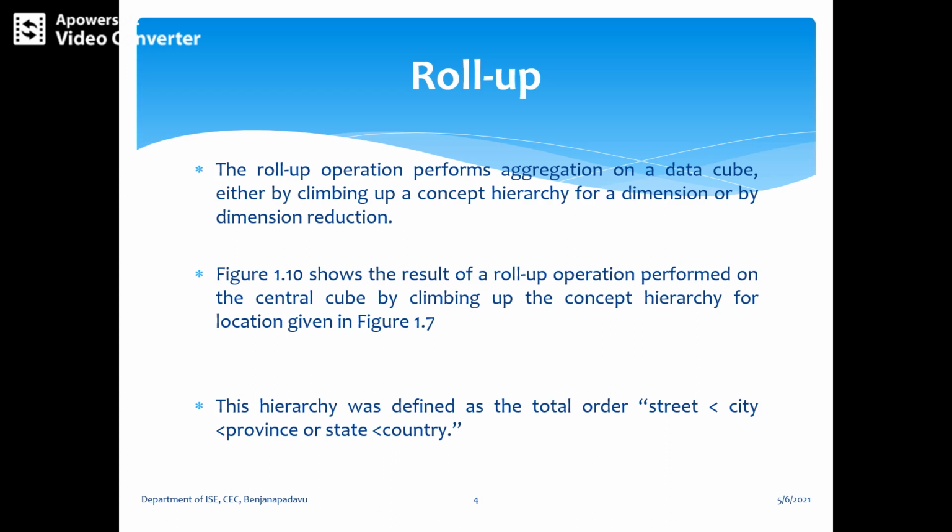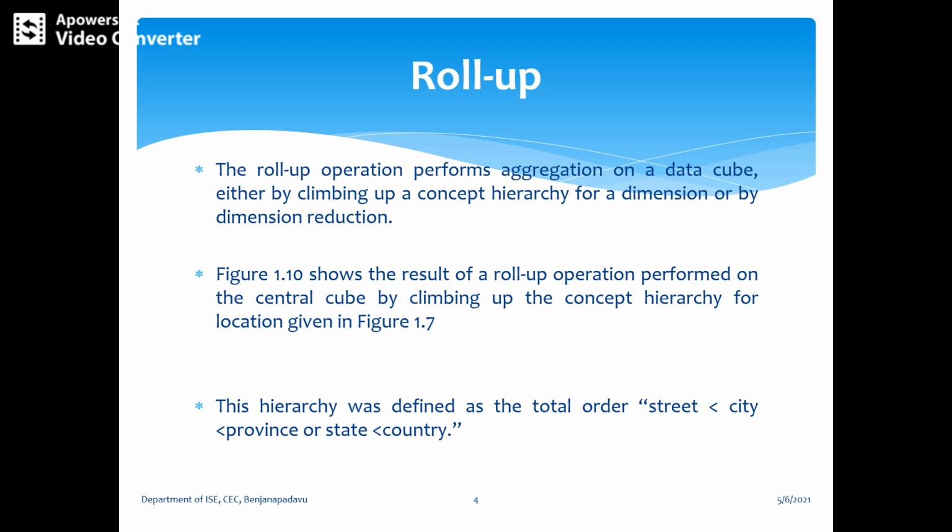When roll-up is performed by dimension reduction, one or more dimensions are removed from the given cube. For example, consider a sales data cube containing only the location and time dimensions.